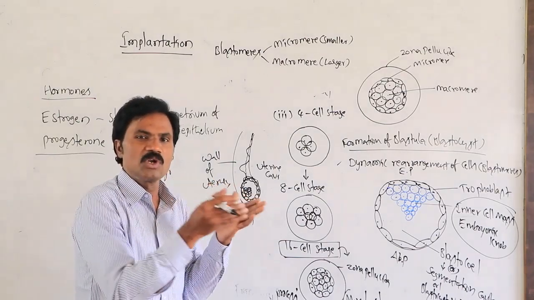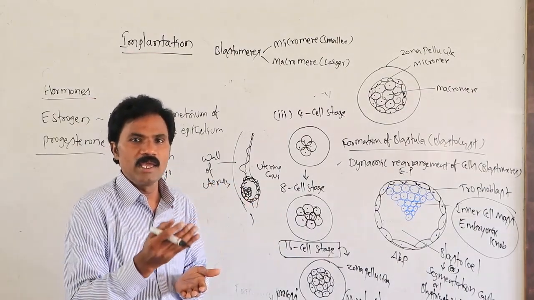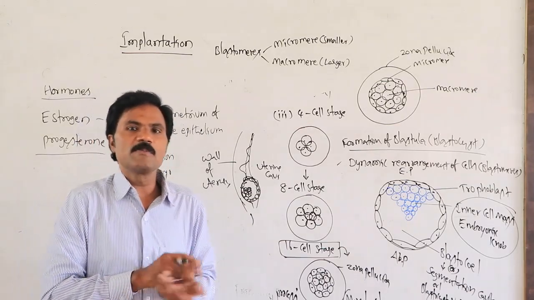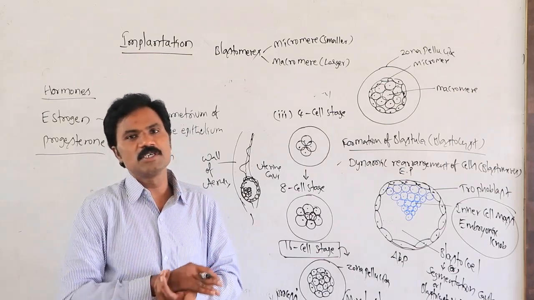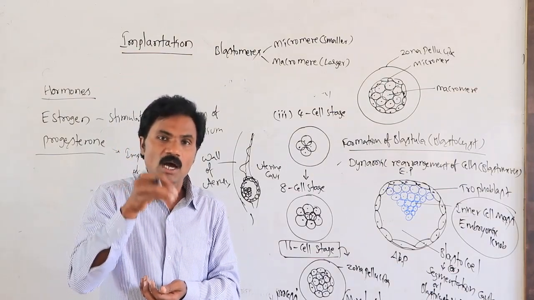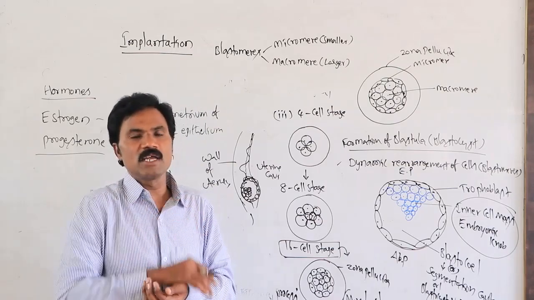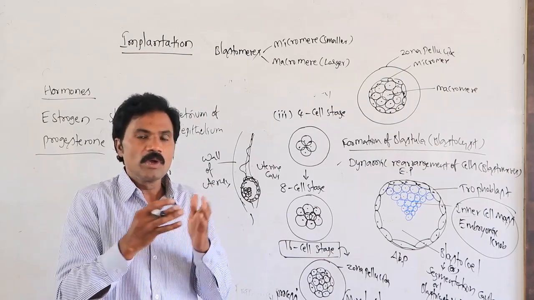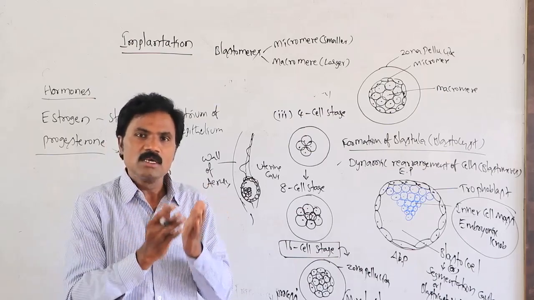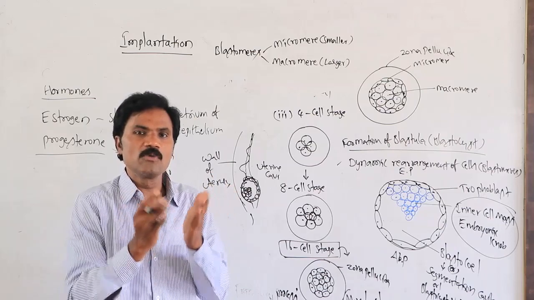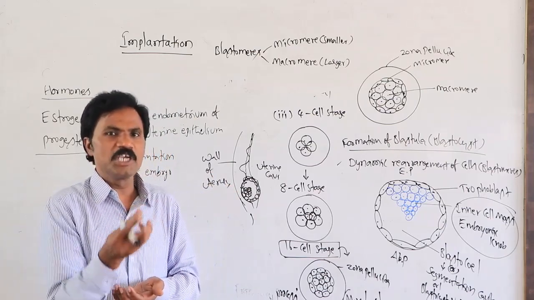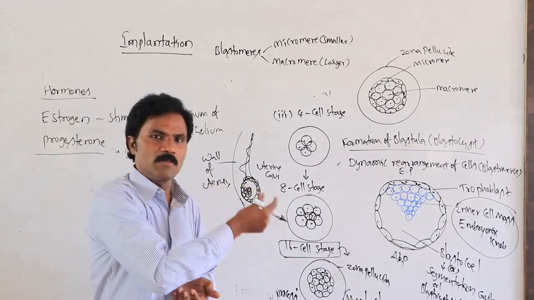The radial, unequal, holoblastic type of cleavage division takes place. The cells formed after mitotic cell division in the zygote we call blastomeres. These are unequal, and through dynamic differentiated rearrangement, the blastocyst is formed.